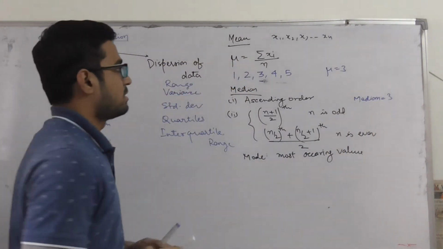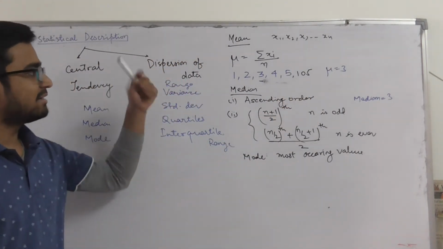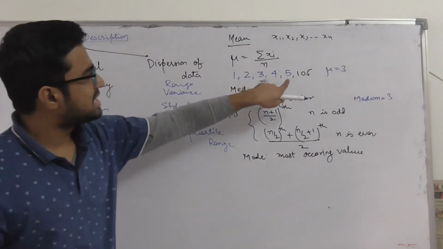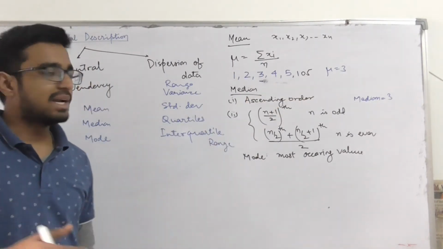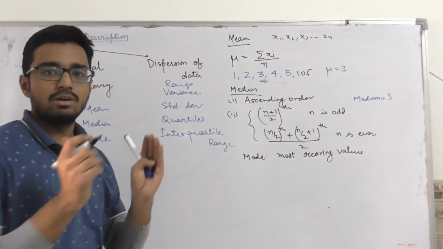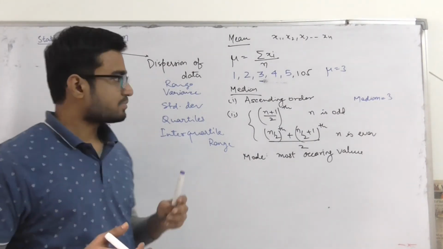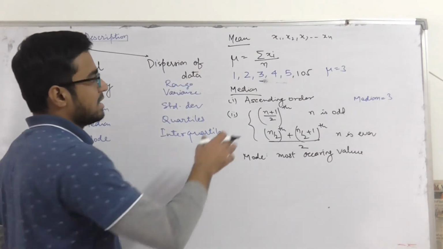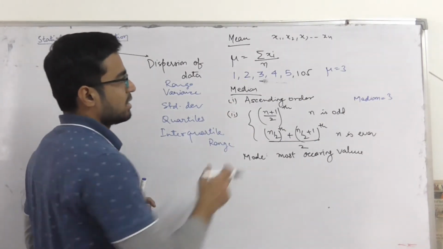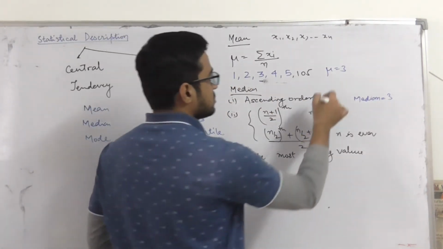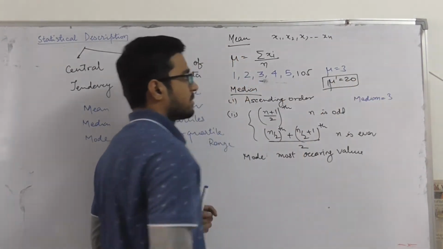Now let us add the number 105. The numbers are now 1, 2, 3, 4, 5 and 105. If these are ratings of a movie from 1 to 5, then 105 will of course act as an outlier. Now if we calculate the mean, the sum of these numbers is 15 plus 105, that is 120, and 120 divided by 6 is 20. So the new mean becomes 20.